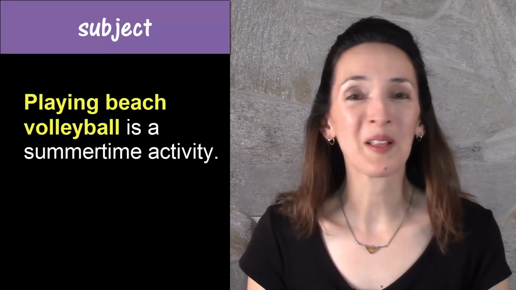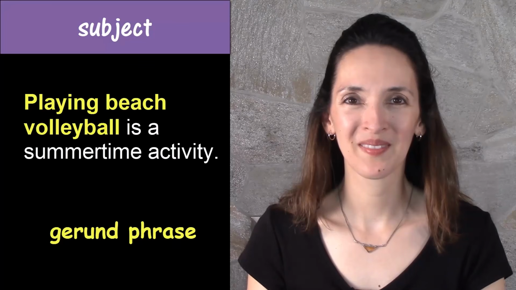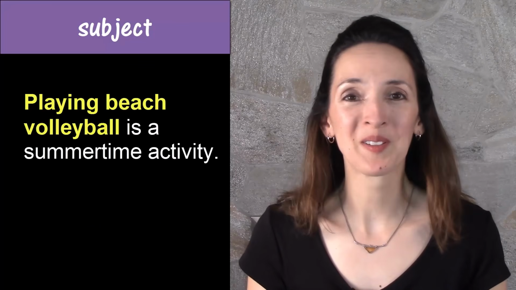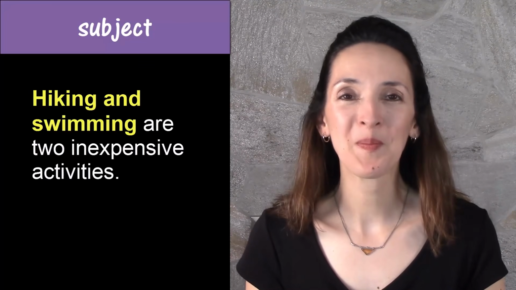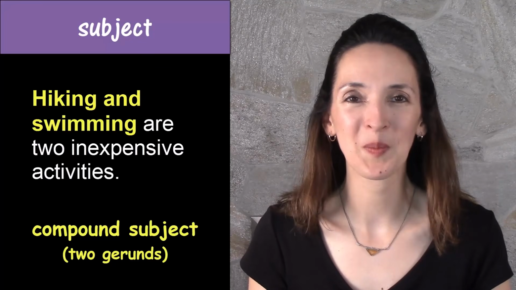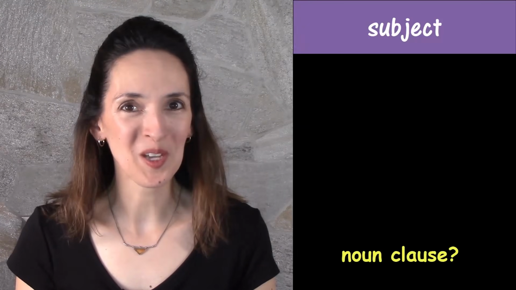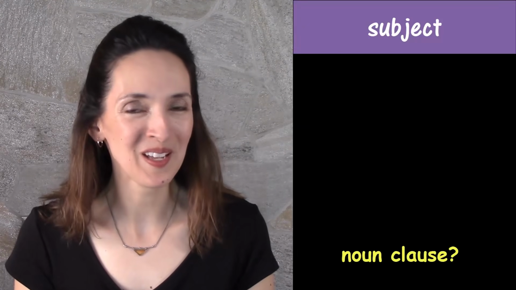Playing beach volleyball is a summertime activity. We can have compound subjects. For example, hiking and swimming are two inexpensive activities. We can even use a clause as our subject, but that's for another lesson.